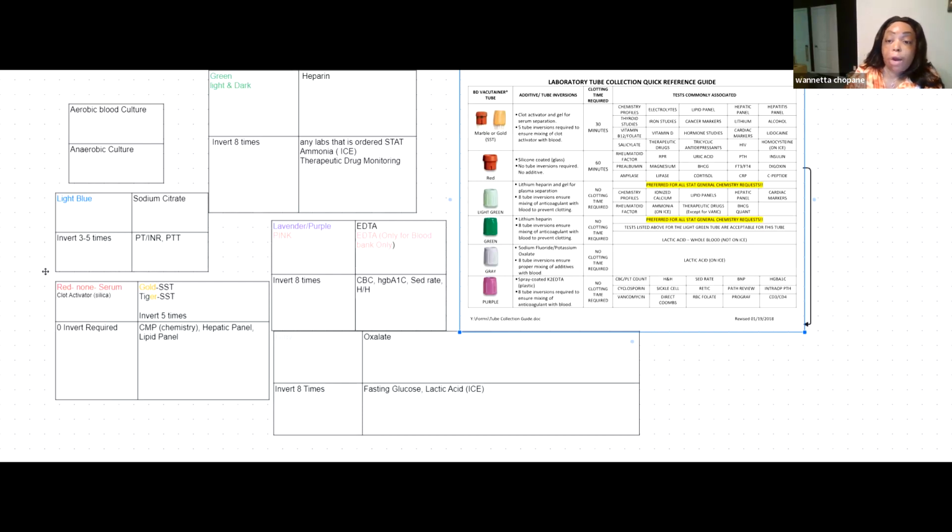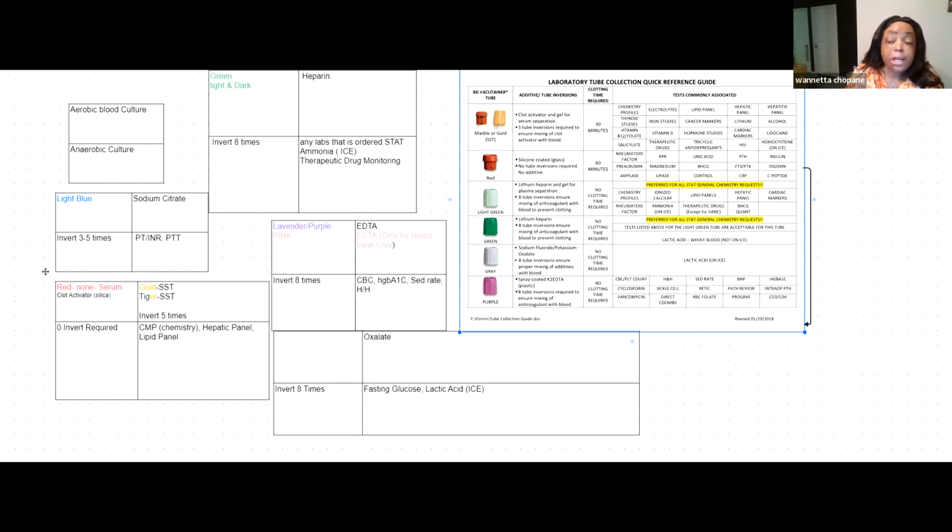And as you can see that we already learned, thyroid studies is also done from an SST. If you want to be an overachiever, go ahead and put that down so you can get that going in real life. But remember, if thyroid studies were checked, anything with thyroid checked on the requisition, it will tell you the tube that it goes in.